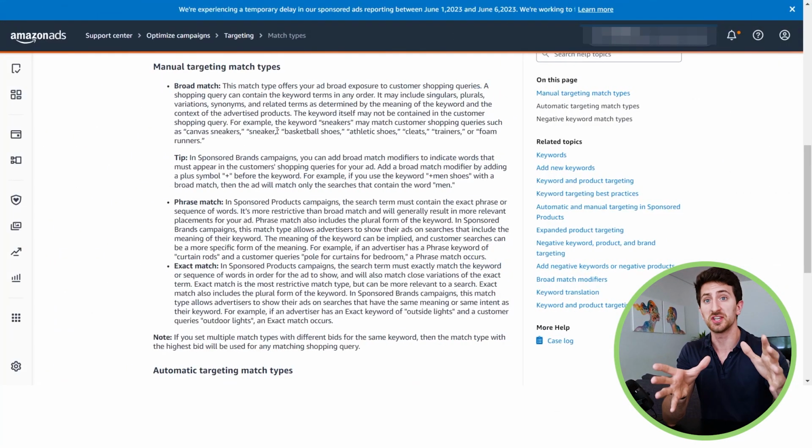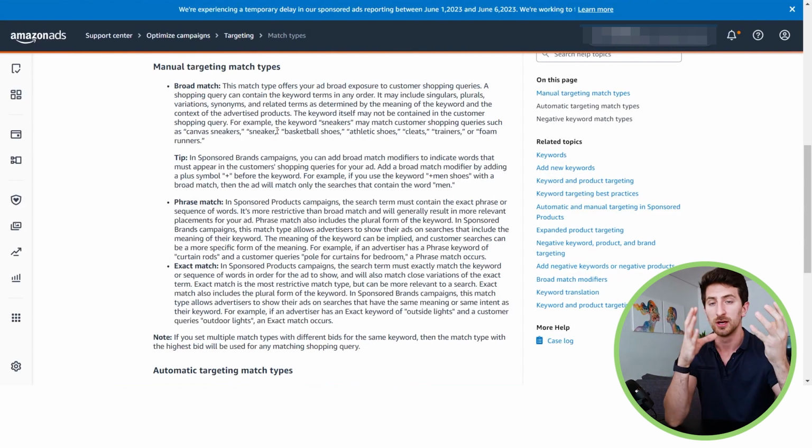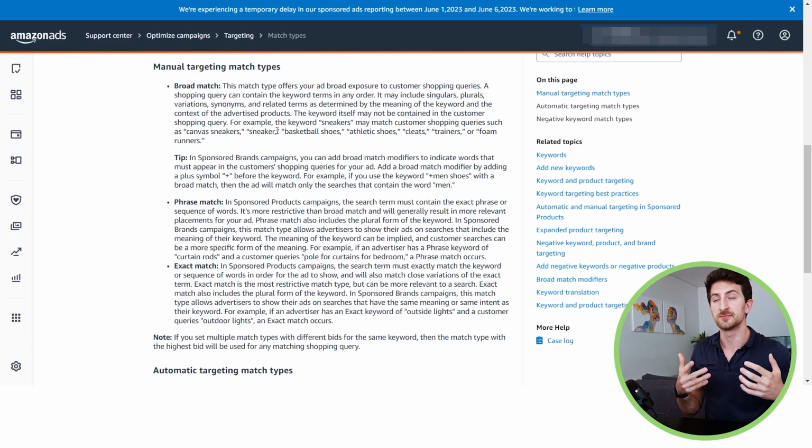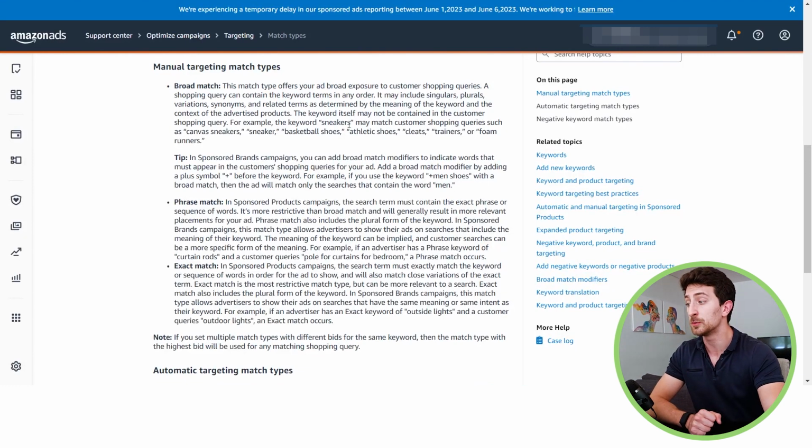Okay, the next 2 changes are related to the match types. What we have noticed analyzing the search term report is that the broad match is not broad match anymore as before. The broad match is even more of a mess because we noticed that when you target the keyword sneaker, as you can see here, for example, the keyword sneaker may match customer shopping queries such as canvas sneaker, basketball shoes, athletic shoes, cleats, trainer, or foam runners.